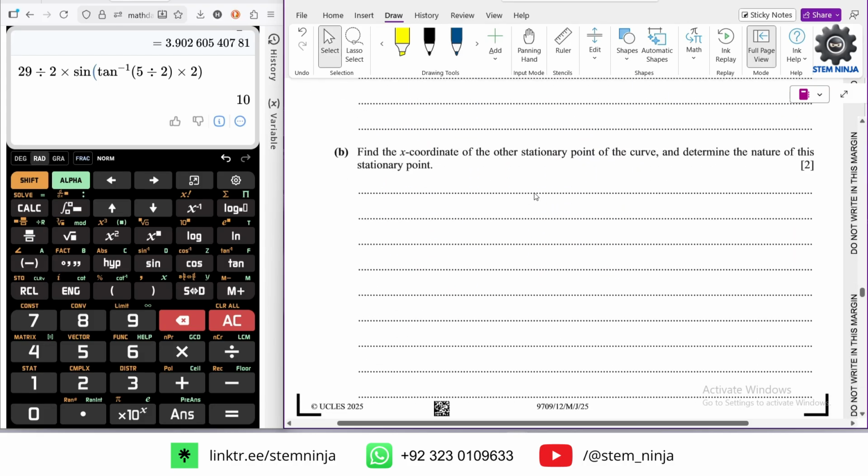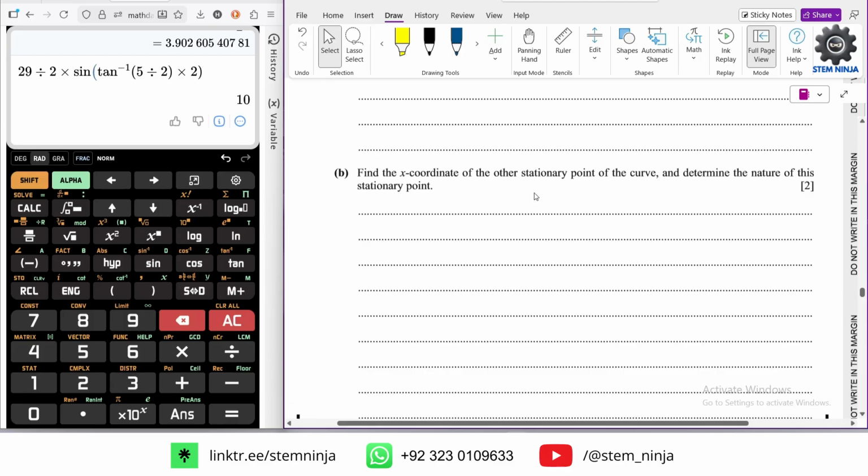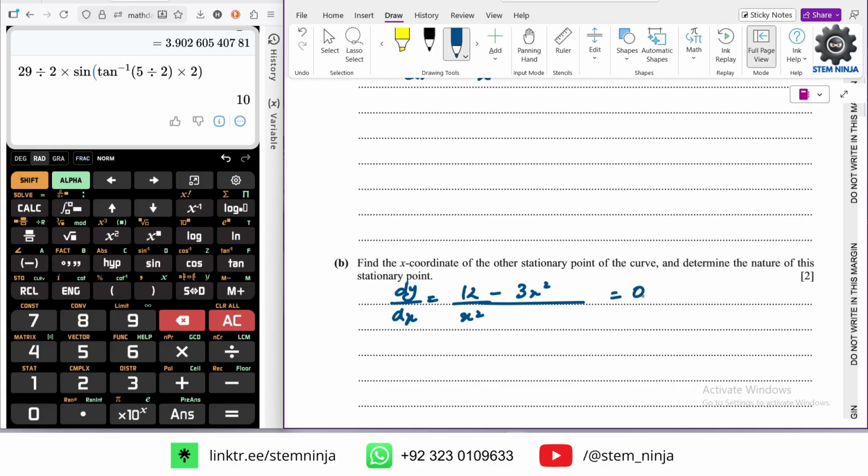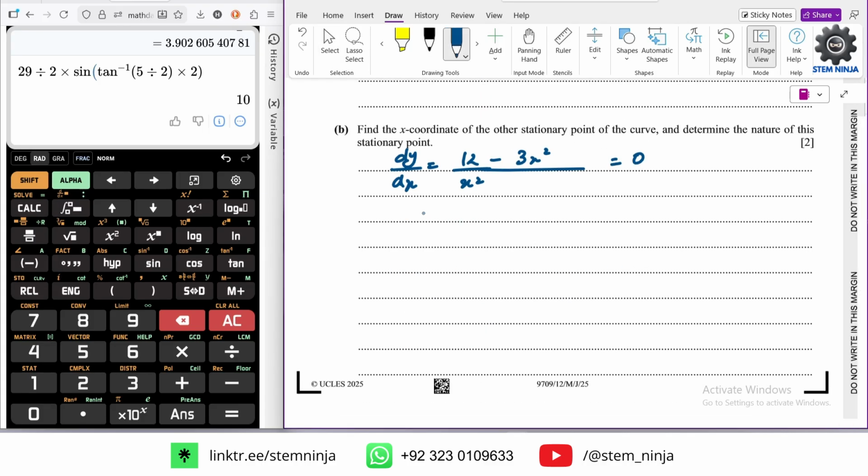Okay. Find the x coordinate of the other stationary point of the curve and determine the nature of this stationary point. Okay, so we have dy by dx equals 12 over x squared minus 3 equal to 0. Right, so this would mean that you have 12 minus 3x squared equal to 0.